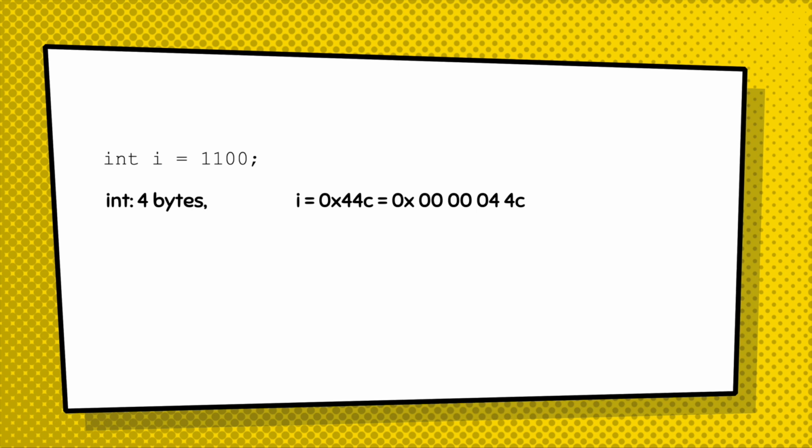And then we're going to extend this integer to 4 bytes because an integer is usually stored as 4 bytes in memory. So we extend it, and we will have I equal to hex 0000044C.